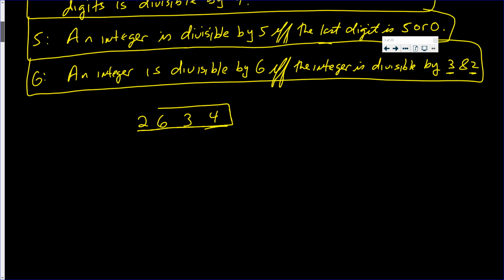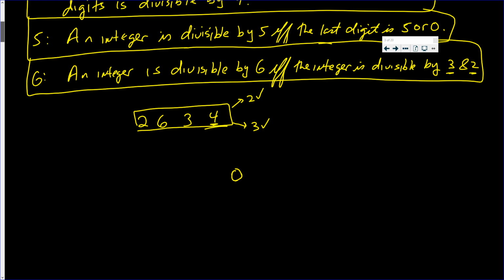This number is divisible by 2. We rigged it to be divisible by 6. We rigged it to be divisible by 2 by putting an even digit at the end, and I also rigged it to be divisible by 3 because I made sure the sum of the digits, which is 15, is a multiple of 3. I can do that all day long.